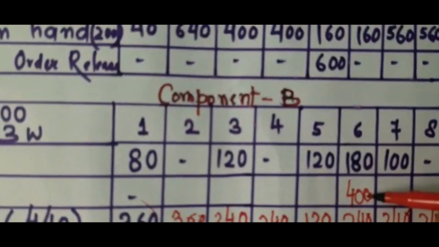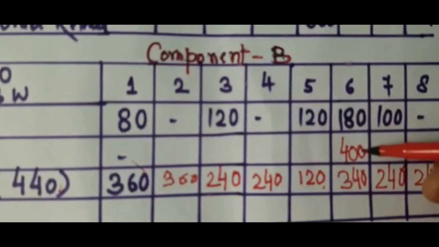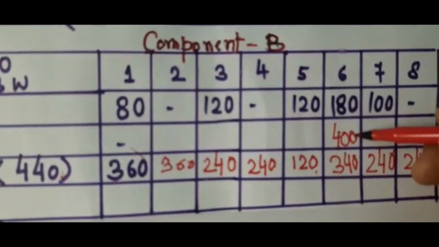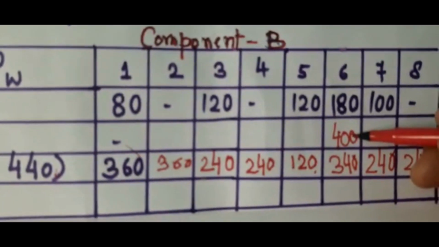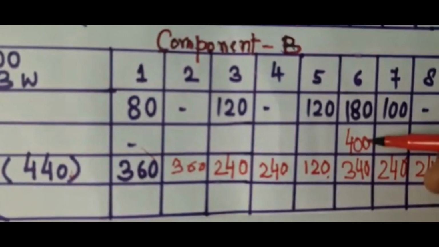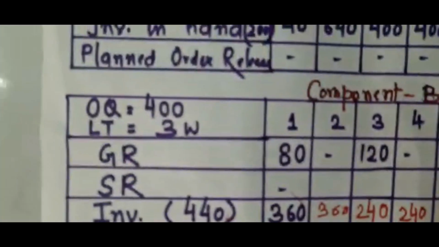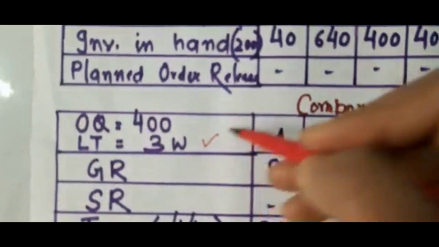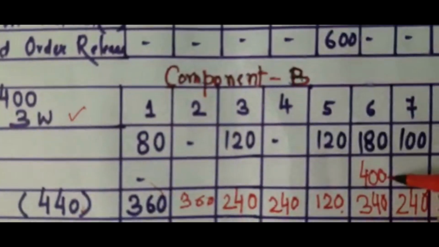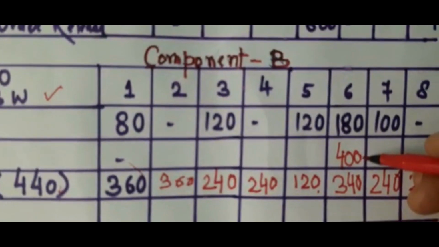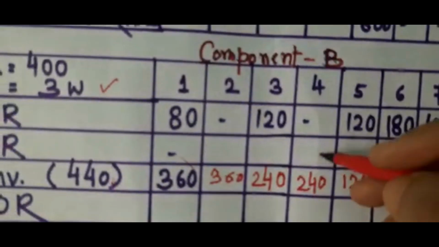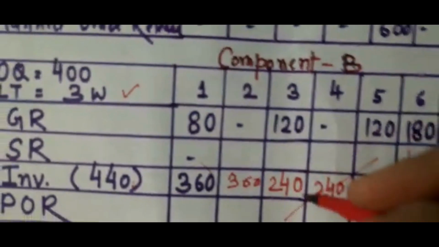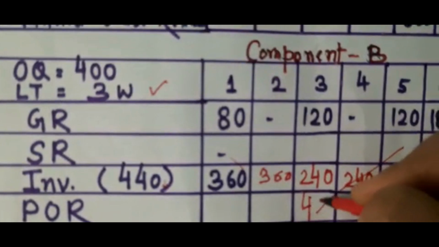So that means I should place the order for 400 units of B 3 weeks before, because lead time of procurement for B is 3 weeks. That is 1, 2, 3. So it comes here, it will be 400.